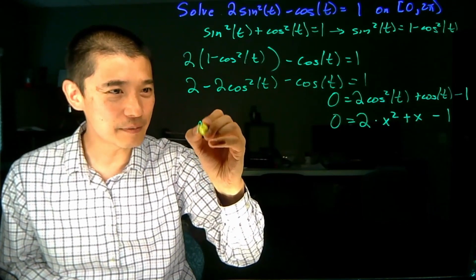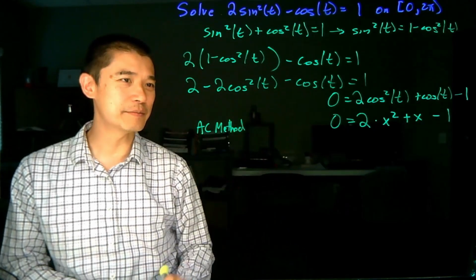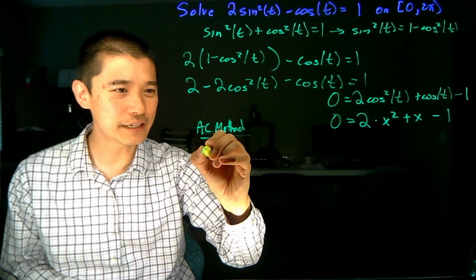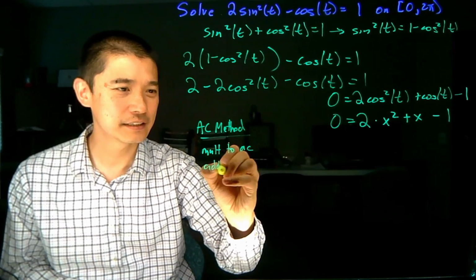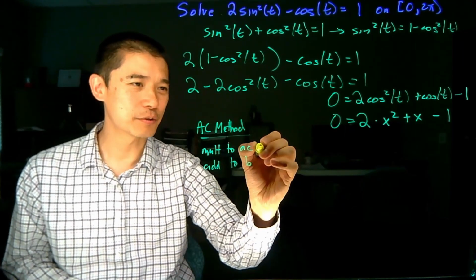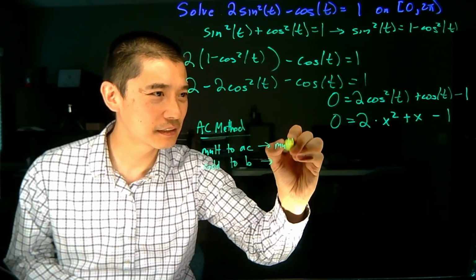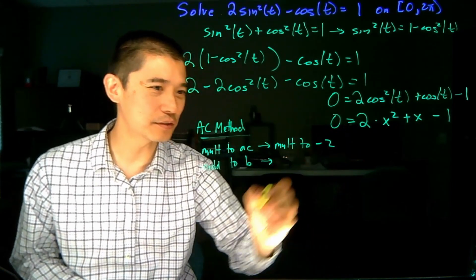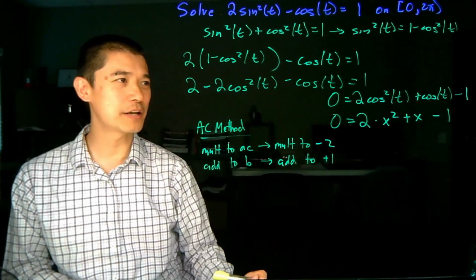So anyway, the AC method. What does the AC method say? We're looking for pairs of numbers that multiply to the product AC and add to the value B. So what does that look like here? Two numbers that multiply to 2 times -1, which is -2, and add to +1.